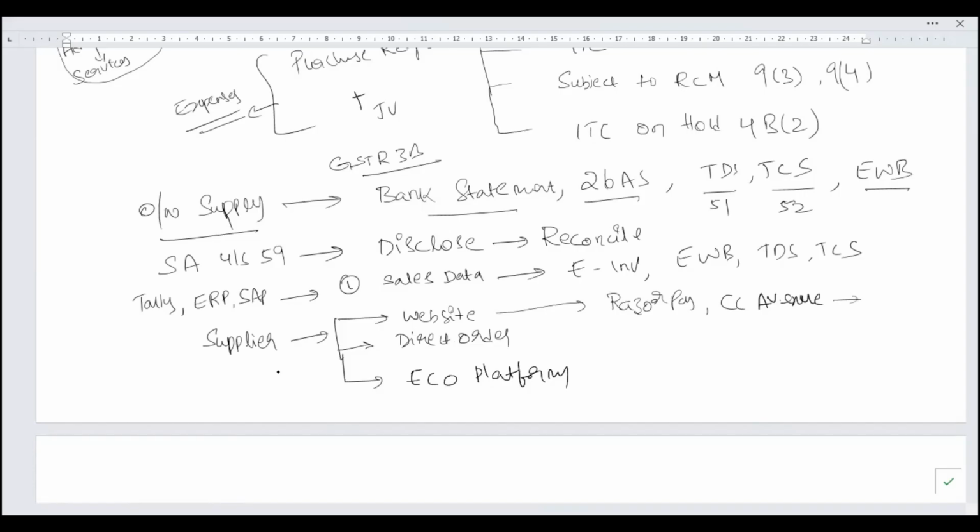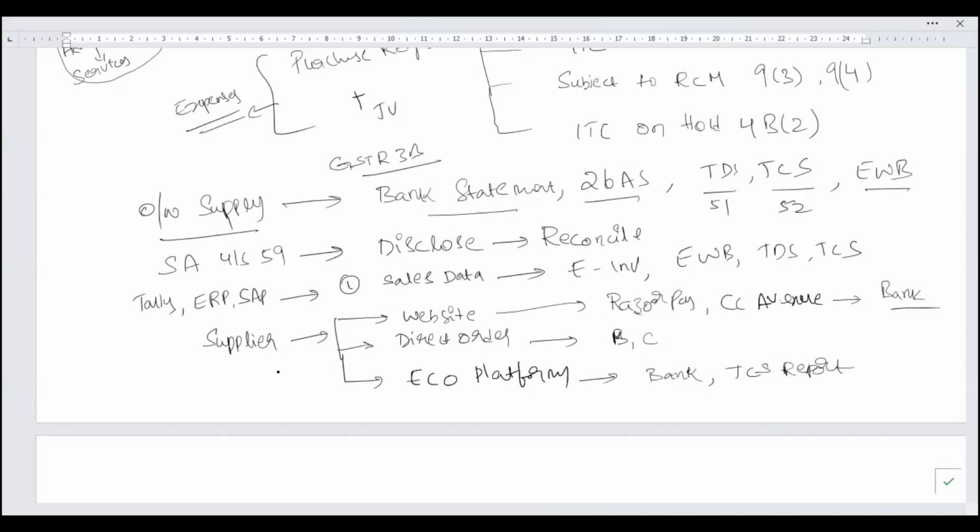Now, these payments reflect in my bank statement. Direct orders, I may get money in my bank or cash to some extent. E-commerce platform, I would have bank receipts. I also have something called a TCS report.